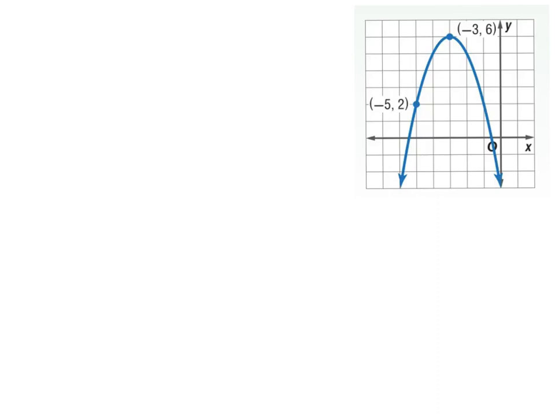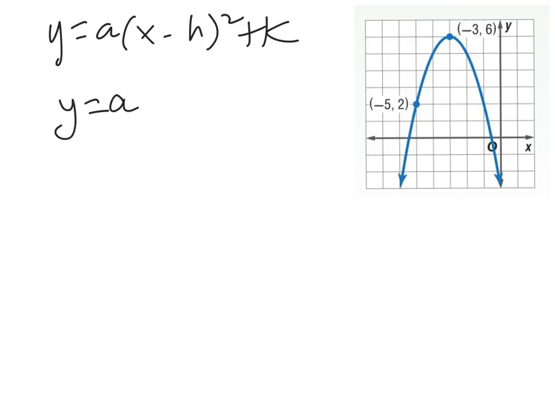If you recall, vertex form, it's just like this. We know h and k. Okay. So y equals a times, now, because what I technically would do is put negative 3 in for h and 6 in for k. Notice the minus a minus, again, the opposite sign idea.